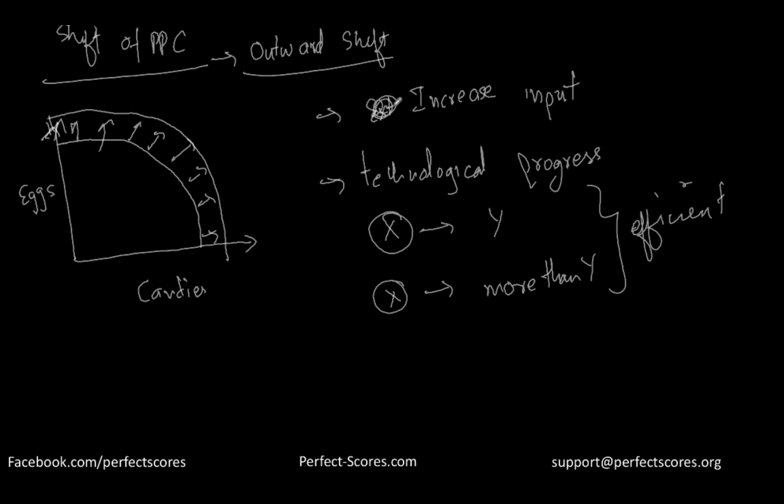So these are the two different ways in which there can be an outward shift in the production possibility curve. It's either due to an increase in input or due to technological progress. Well, if there can be an outward shift, there can be an inward shift as well. This is something which is unlikely to occur and something which is very, very bad for an economy.